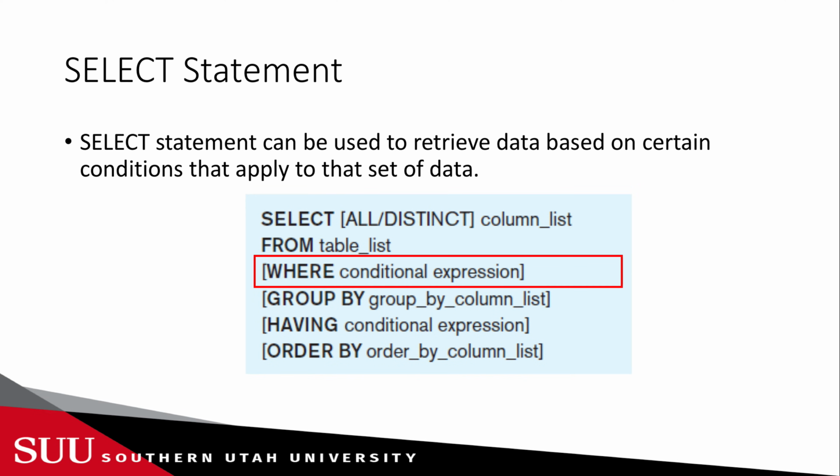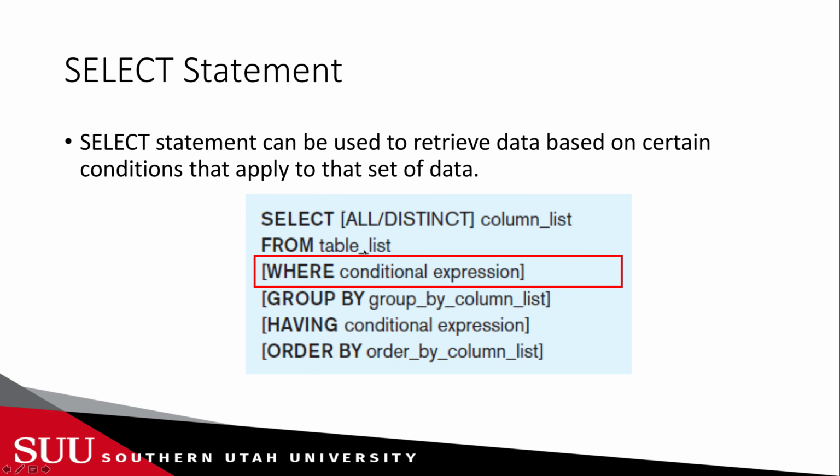Now this is again the general syntax of the select statement. As we know, the select and the from are a must because they don't have square brackets. But then, as we already saw, distinct is optional, and then you place the column list from table list.